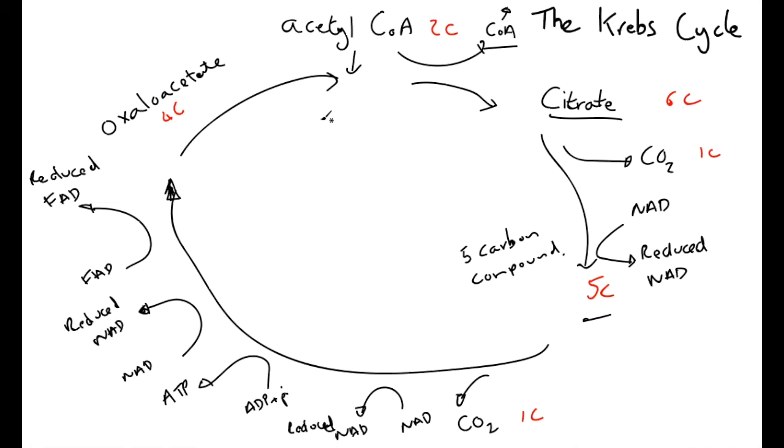You also get 1 CO2 lost here, and another one here, so that's 2 CO2s lost. You gain 1 ATP, and you gain 3 reduced NAD, and you gain 1 reduced FAD. That's where they all come from. But it happens twice, so I'll write it all per glucose.